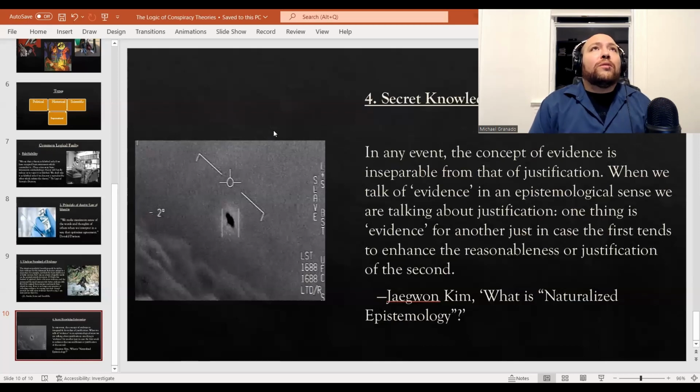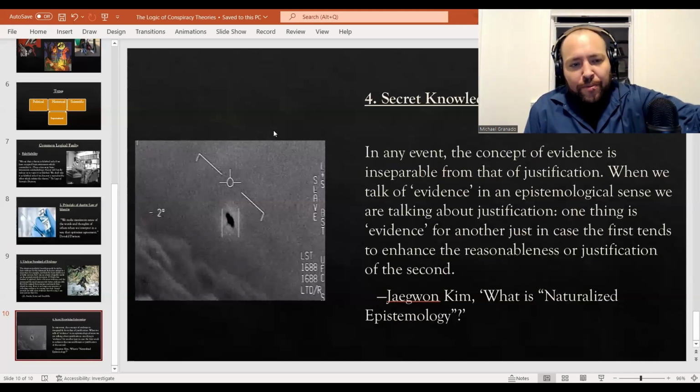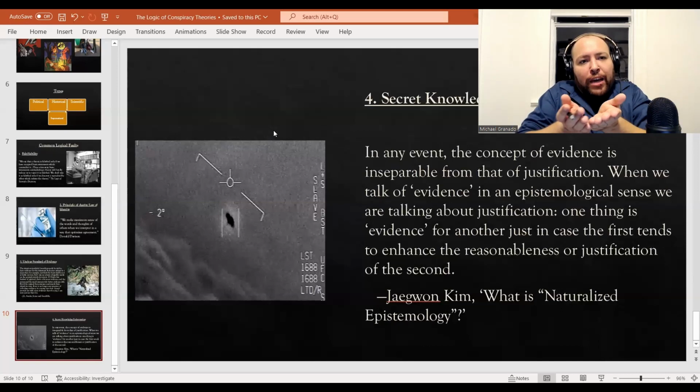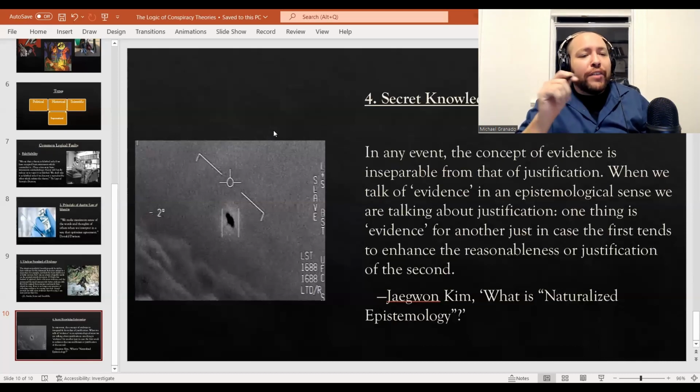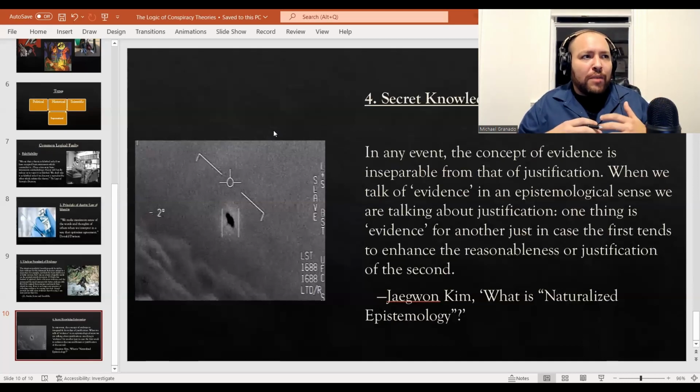So evidence is what is used to justify a belief, but evidence has to be publicly accessible. In other words, if I'm trying to convince you of something, I have to be able to show you that evidence for you to review, for you to critique. In the case of conspiracy theories, that evidence is oftentimes absent or inaccessible.